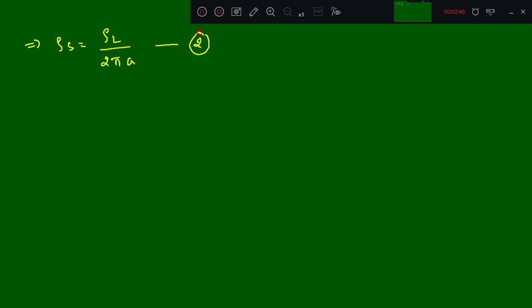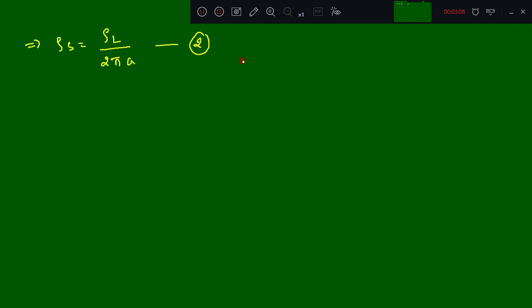Thus we got the line charge density of the inner conductor, rho L, in coulombs per meter. Now consider a right circular cylinder of length L as the Gaussian surface.